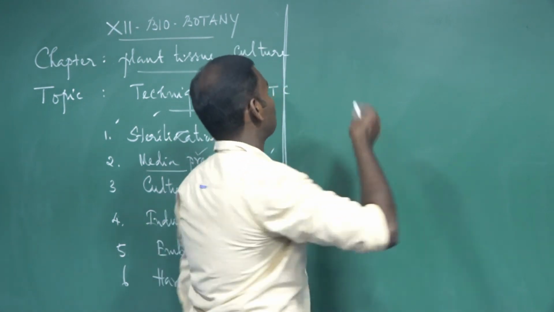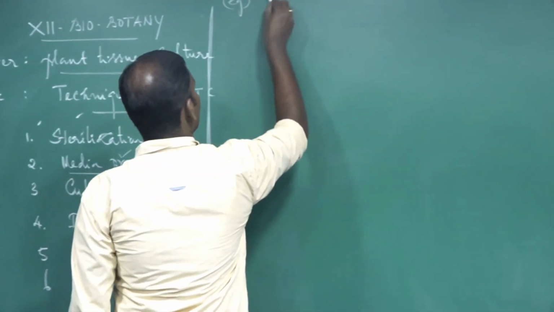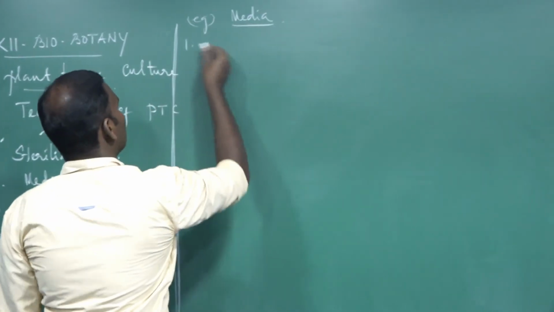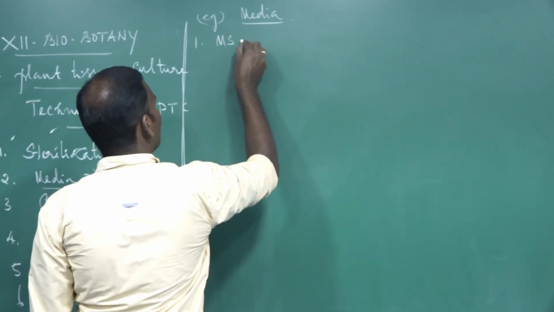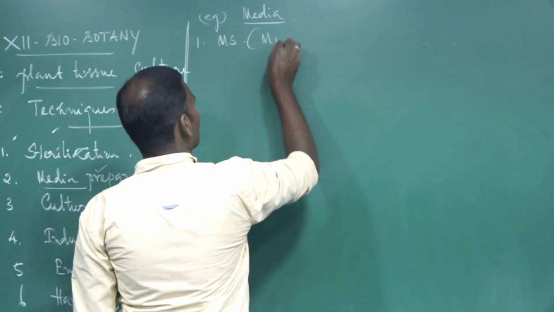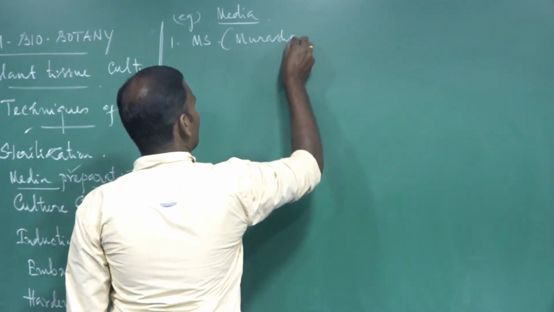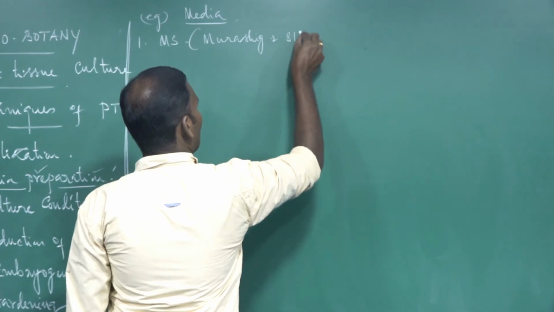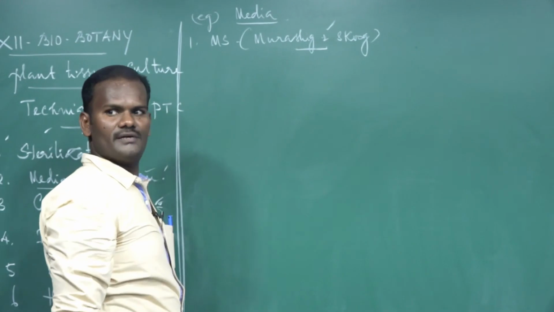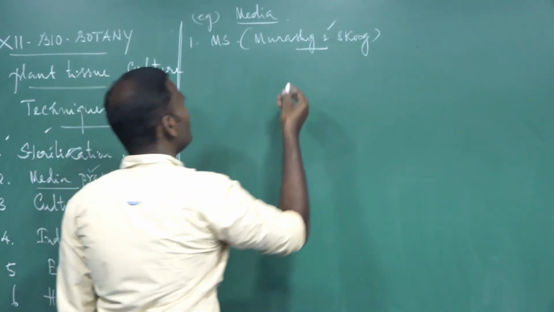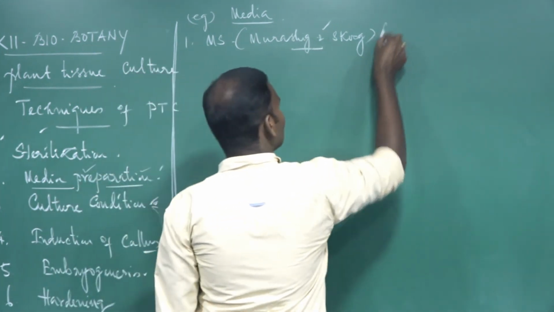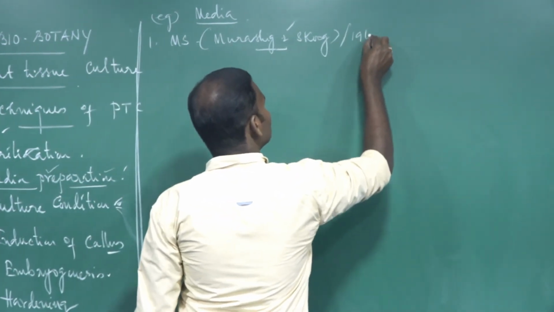For example, the first one is MS medium, which is Murashige and Skoog medium. It is a commonly used medium. It was first developed by Murashige and Skoog in the year 1962.